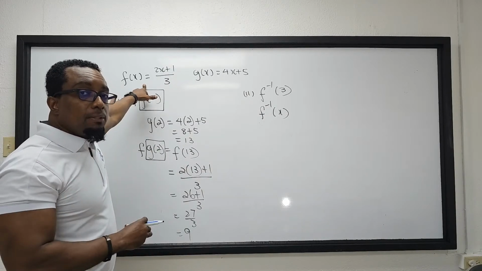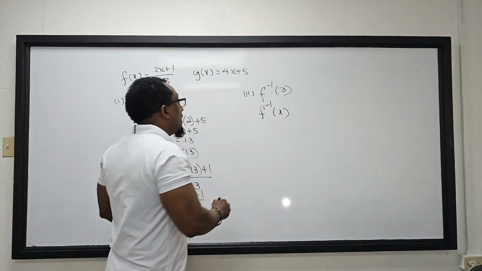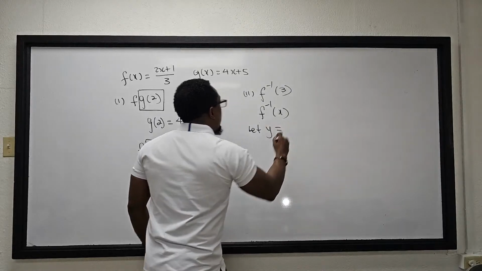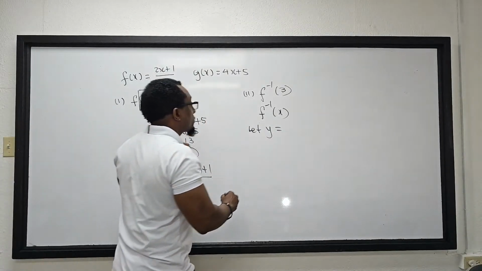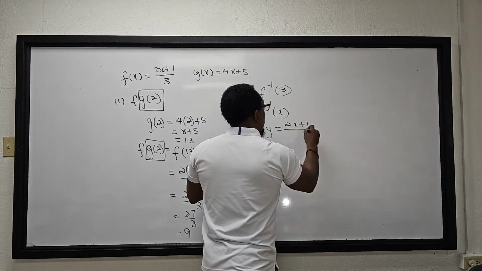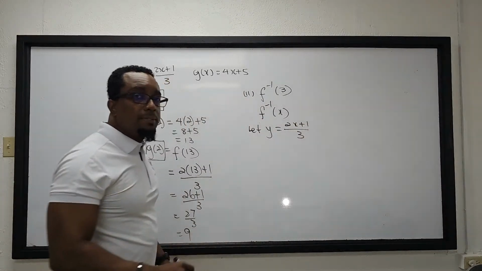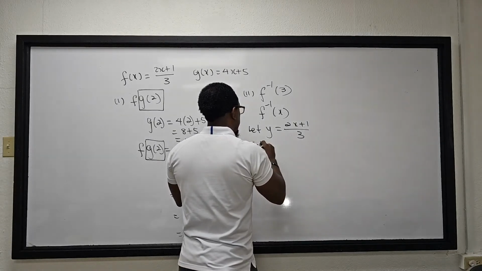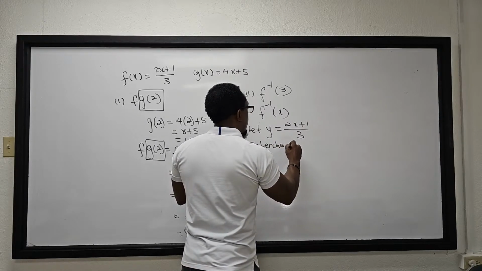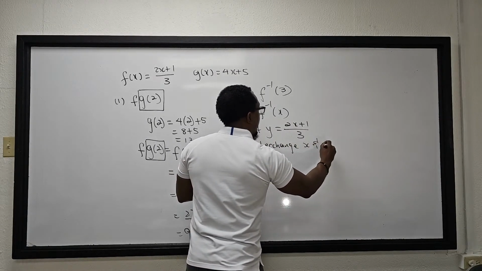How many steps? 3 steps. First step, let y, remember f of x also means y, let y be equal to 2x plus 1 over 3. That's my first step. My second step is to interchange x and y.